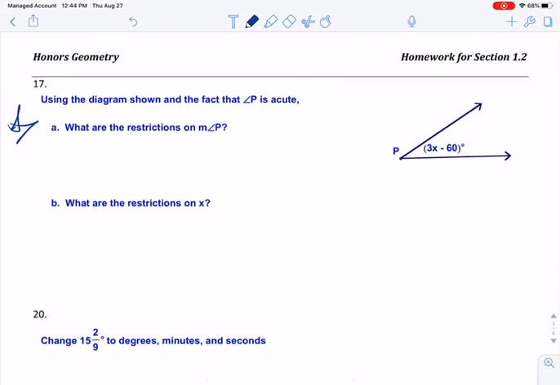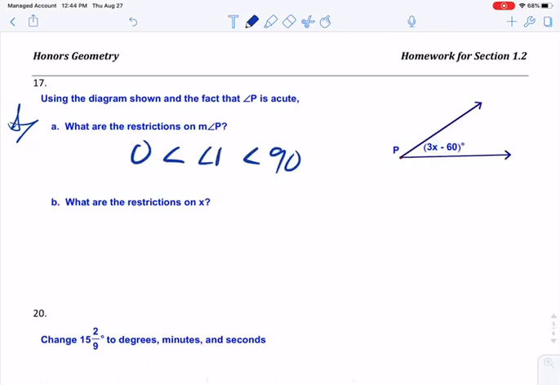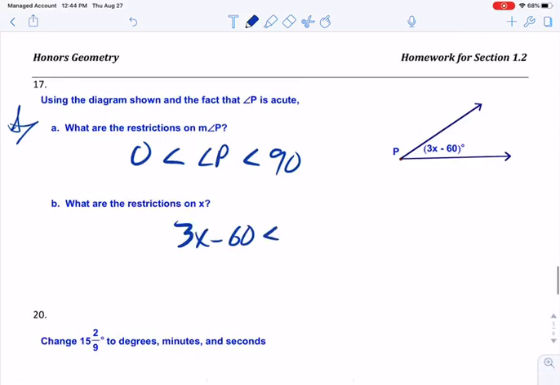All right, remember to be acute, you have two restrictions. You have to be less than 90 but bigger than 0. So to actually solve it, I would do 3x minus 60 is less than 90 but bigger than 0.